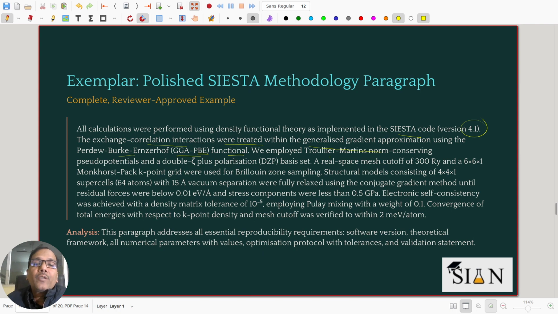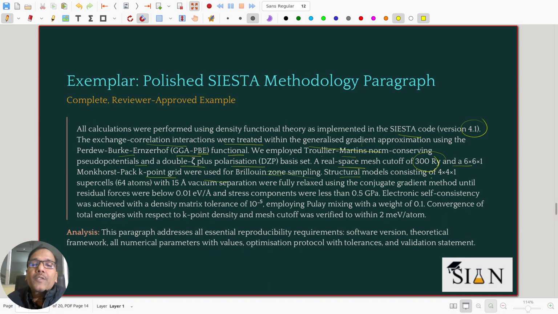We employed Troullier-Martins norm-conserving pseudopotentials, and a double zeta plus polarization basis set. A real space mesh cutoff of 300 Ry and a 6×6×1 Monkhorst-Pack k-points grid were used for Brillouin zone sampling of the reciprocal lattice.